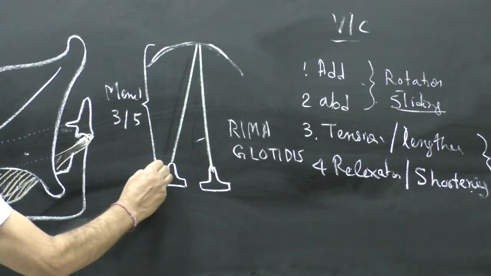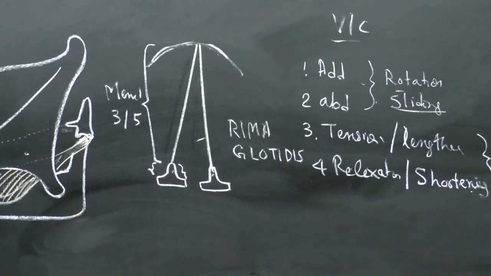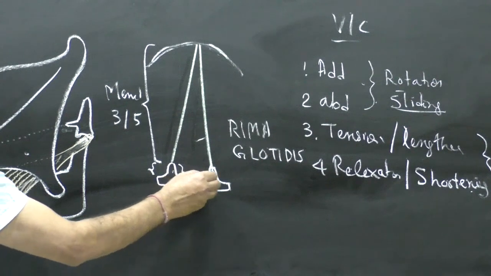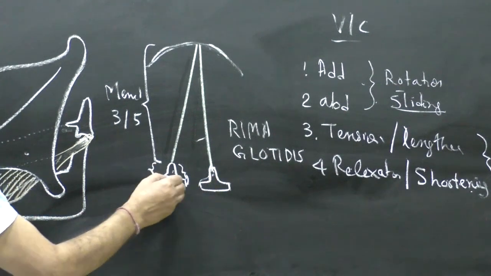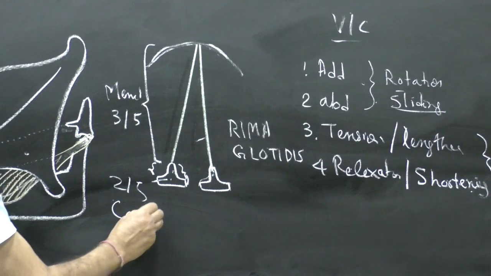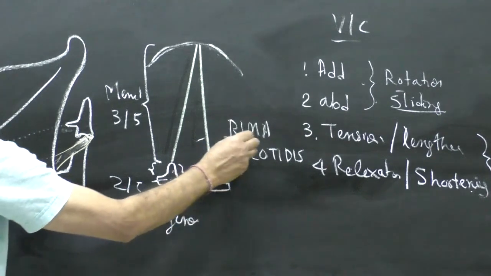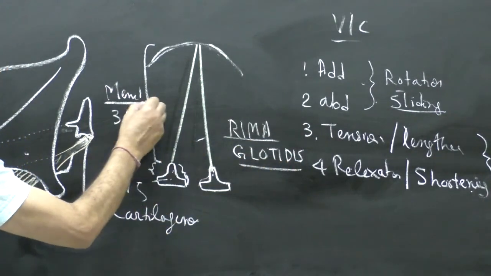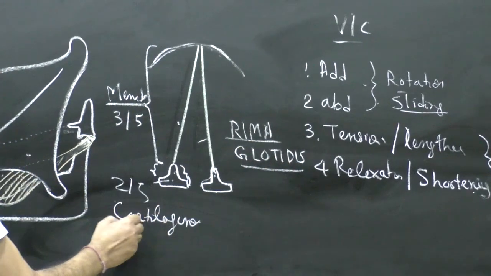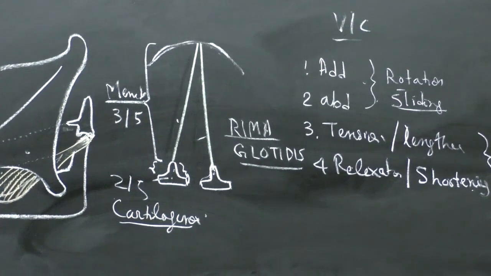And the last part, between the 2 arytenoid cartilages, the vocal processes plus this whole area, is only about 2/5 and is called the cartilaginous part of the rima glottidis. It has 2 parts: the membranous part anteriorly and the cartilaginous part posteriorly, which is very small.